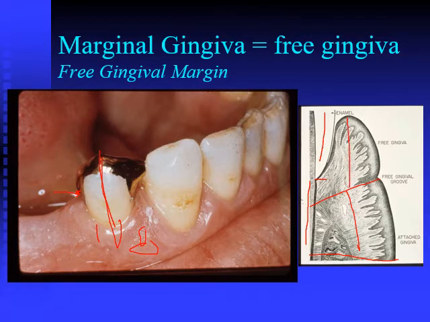The terms free gingiva and marginal gingiva are synonyms, so you can use them interchangeably. The free gingival groove you see on this diagram might possibly be represented by what we see here in this lateral incisor tooth.